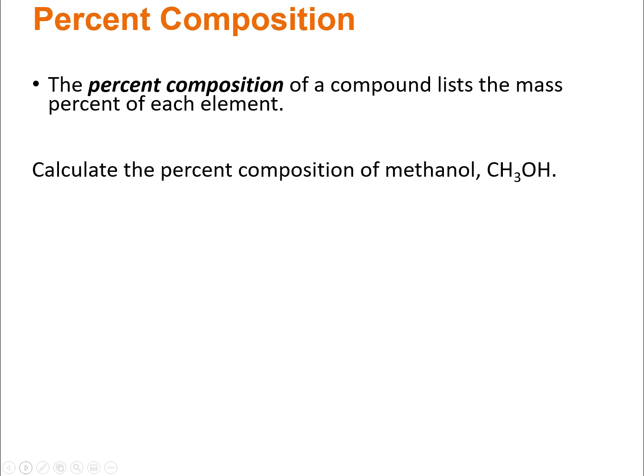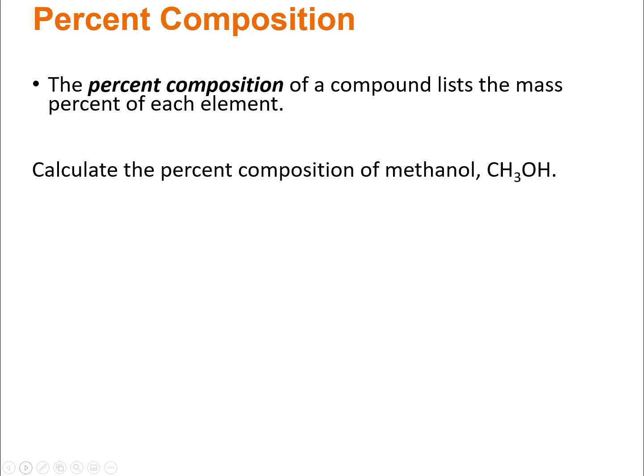Percent composition just tells you the mass percent of each element. So if you had water, like I did in the video for YouTube, what percentage of water is hydrogen? What percentage of water is oxygen? That's the percent composition. So I'll do a sample problem for you, and then I'll let you try one. It's a pretty simple concept.